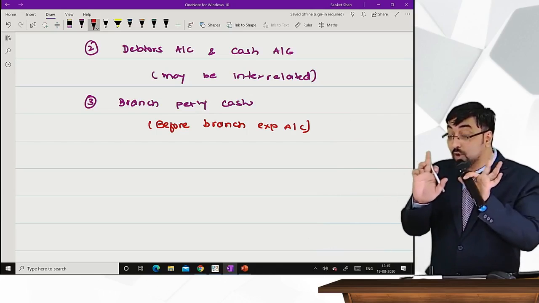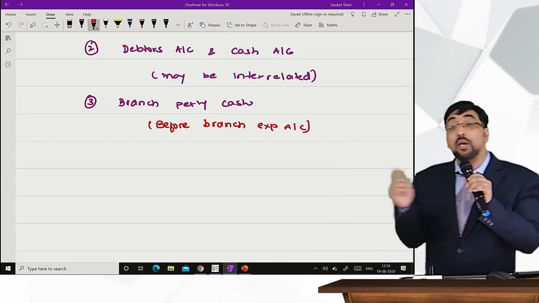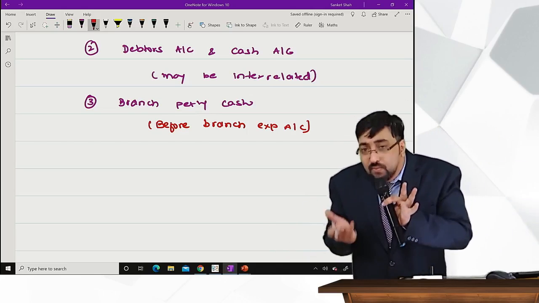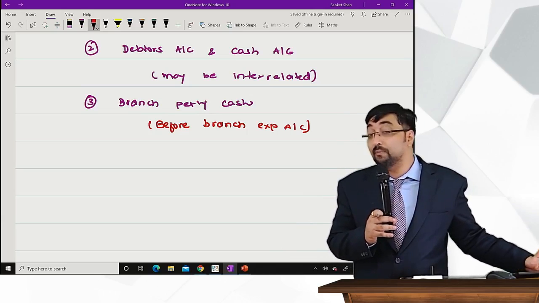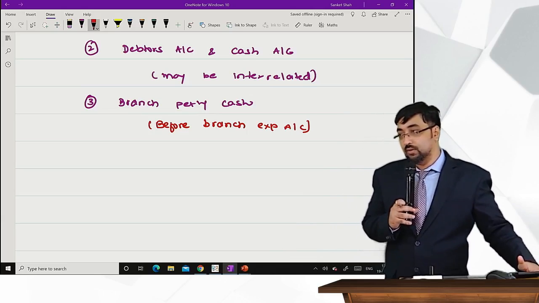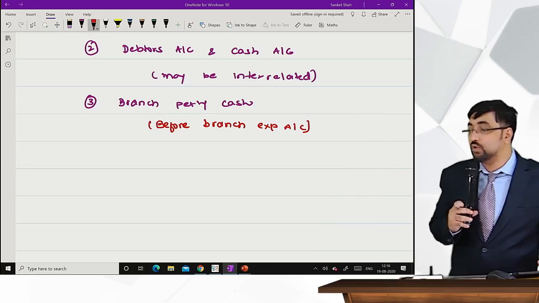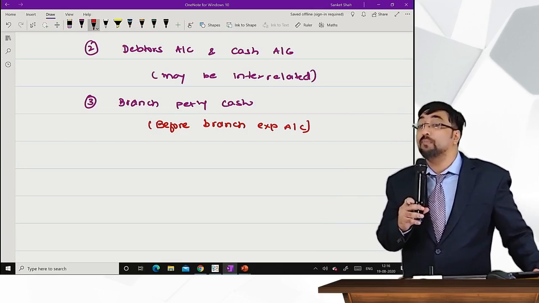Normally, I'm not telling you always. In this question, branch expenses are given, as closing balances, by balance carried down. But normally, the balancing figure is branch expenses paid from petty cash. In this question it is given, but sometimes you may have a balancing figure for expense or petty expense.